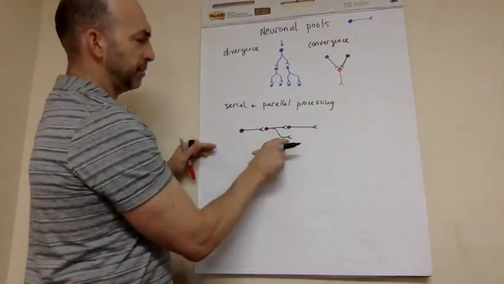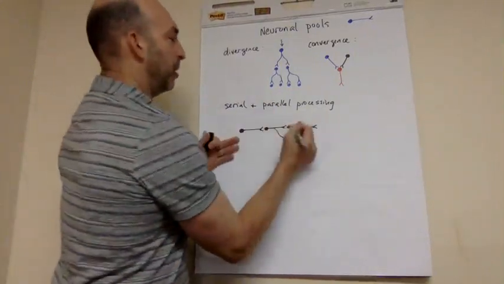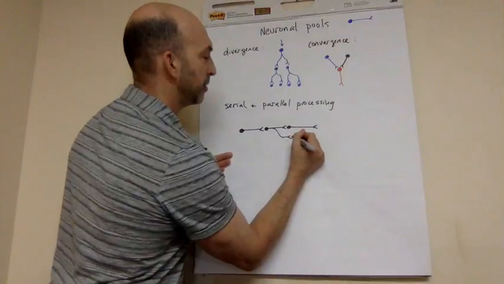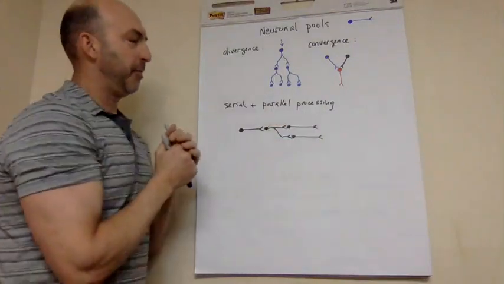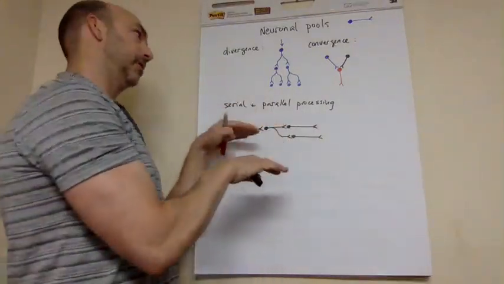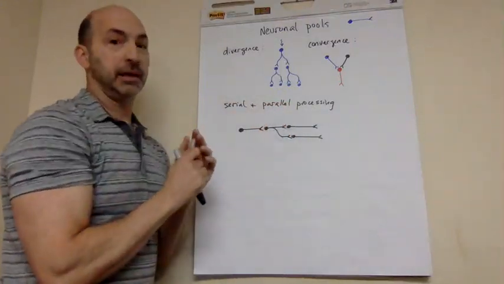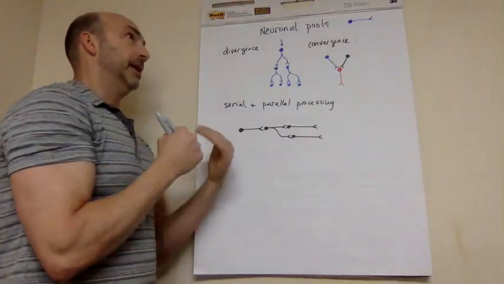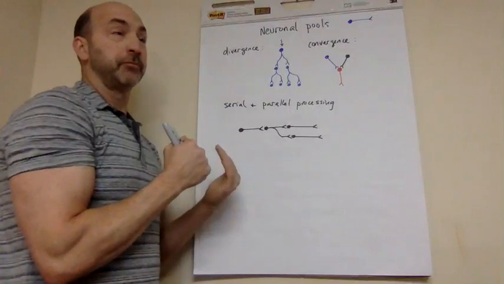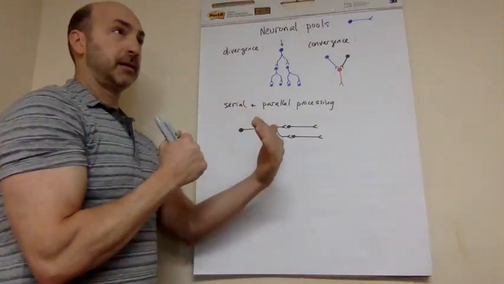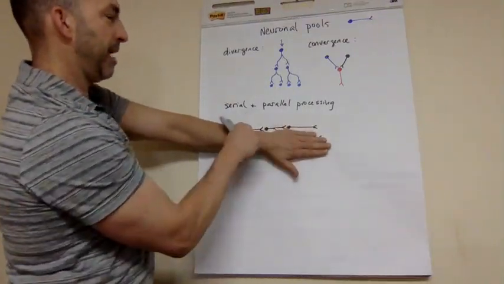Now, the reason I drew this split, this branch, called an axon collateral, is that parallel processing is when we then send information along a parallel pathway. In other words, two serially processing pathways running side by side is parallel processing. Now, it doesn't always have to be carrying the exact same information. That gets very complicated. A good example, though, is in vision, where all of the aspects of what we see are not carried in a single serially processed pathway.